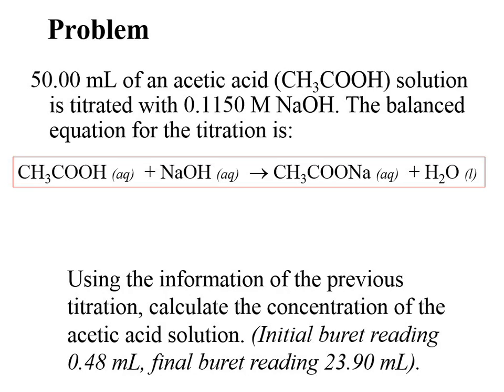Let me go ahead and write information under the balanced equation. So we have 50 milliliters. That's a big pipette, let me tell you. We've got one in the lab. We have 50 milliliters of your acetic acid. And the molarity of the NaOH is known, and that's 0.1150 molar.